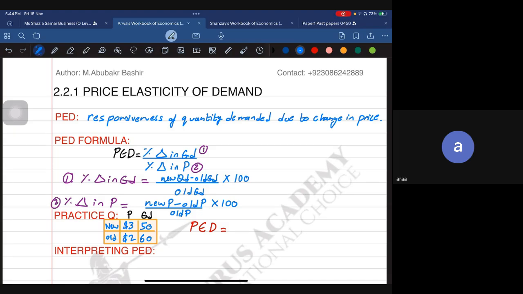Okay, let me see this. So new minus old divided by old multiplied by 100.